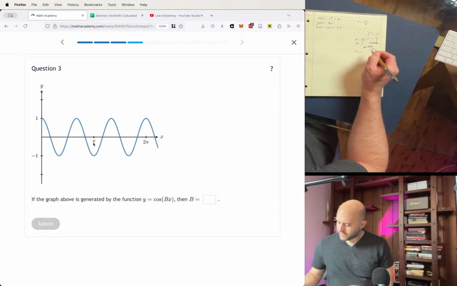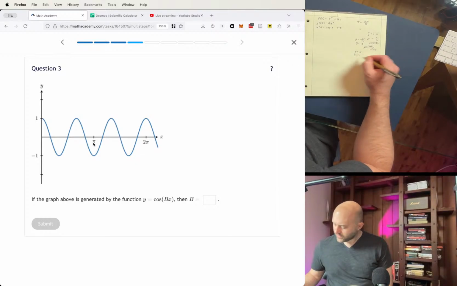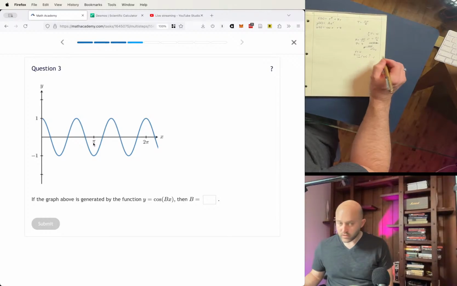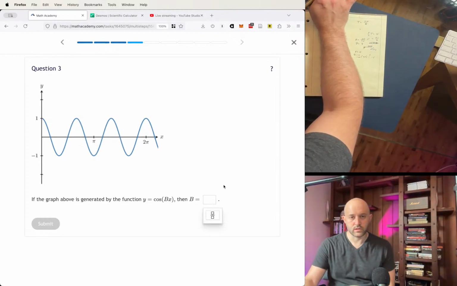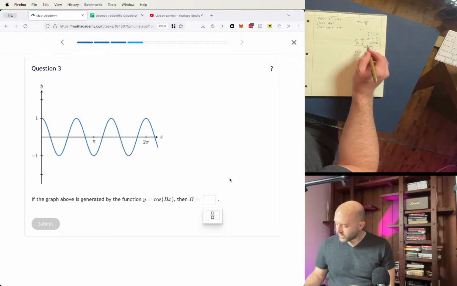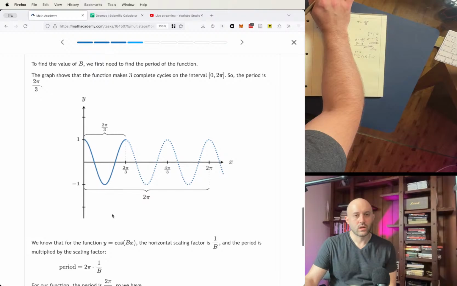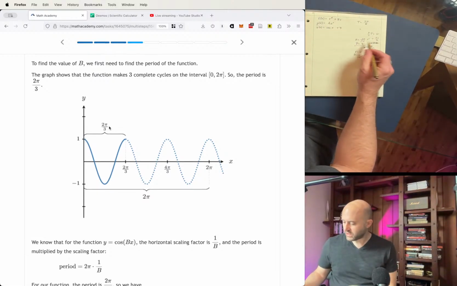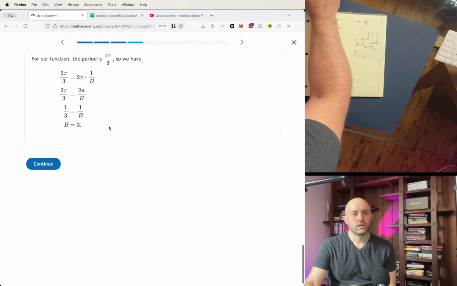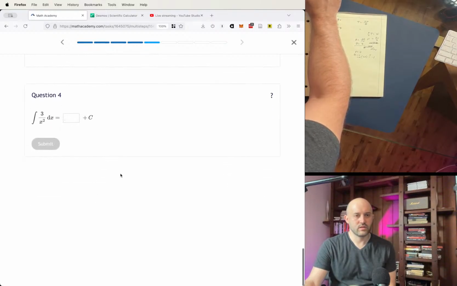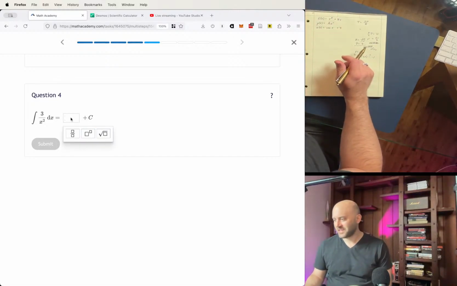If x equals pi, and I say b equals 3, then 3 pi is what is in the cosine function, which means it should be equal to, question mark, minus 1, and it does in fact equal minus 1. My goodness. Okay, so b equals 3 is my answer. Good gracious, that took a long time. Yeah, it's 2/3 pi. Yeah, okay. I usually go really fast on these, but sometimes when you're streaming, you end up doing a little bit of a slower brain situation.